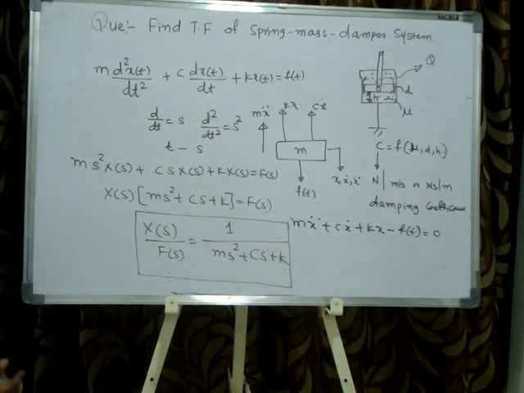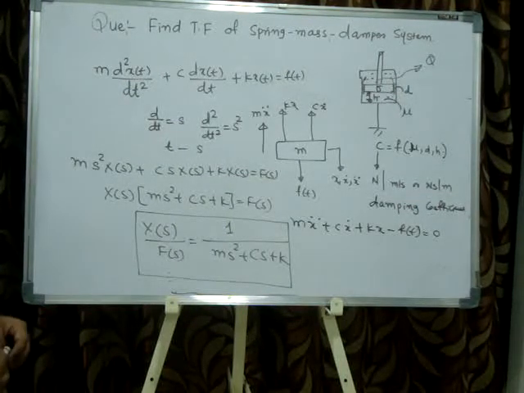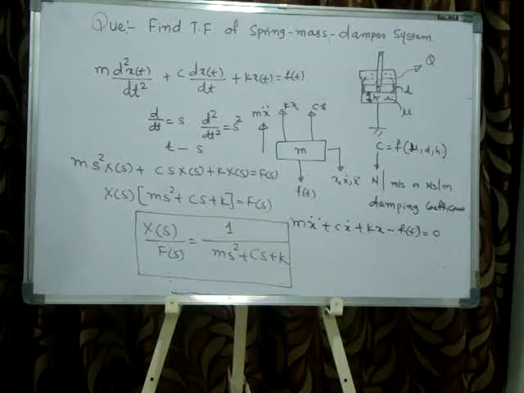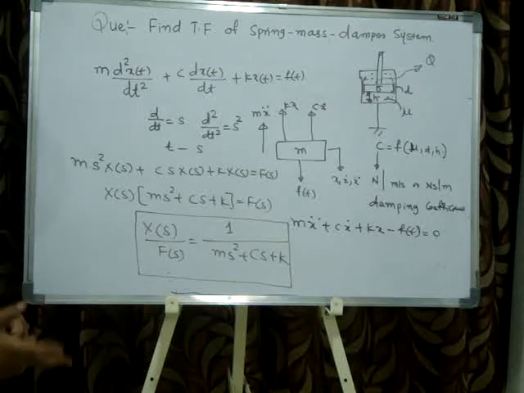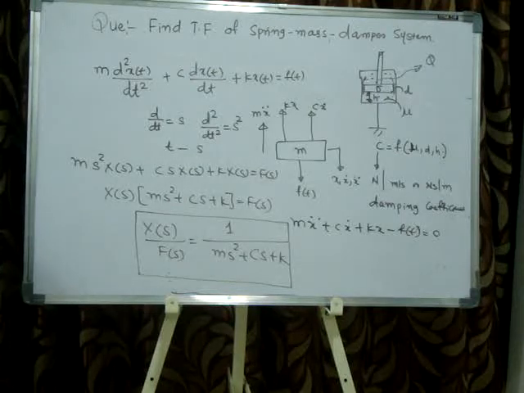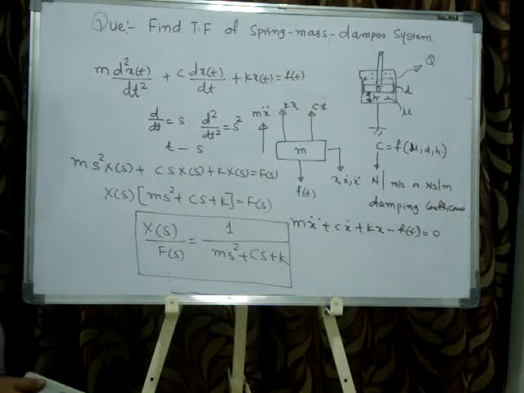So the damper is removing the energy. The mass stores kinetic energy and the spring stores potential energy. They are interchanging, but during each cycle the damper is removing the energy. Okay, I hope you understood the transfer function of the spring-mass system.